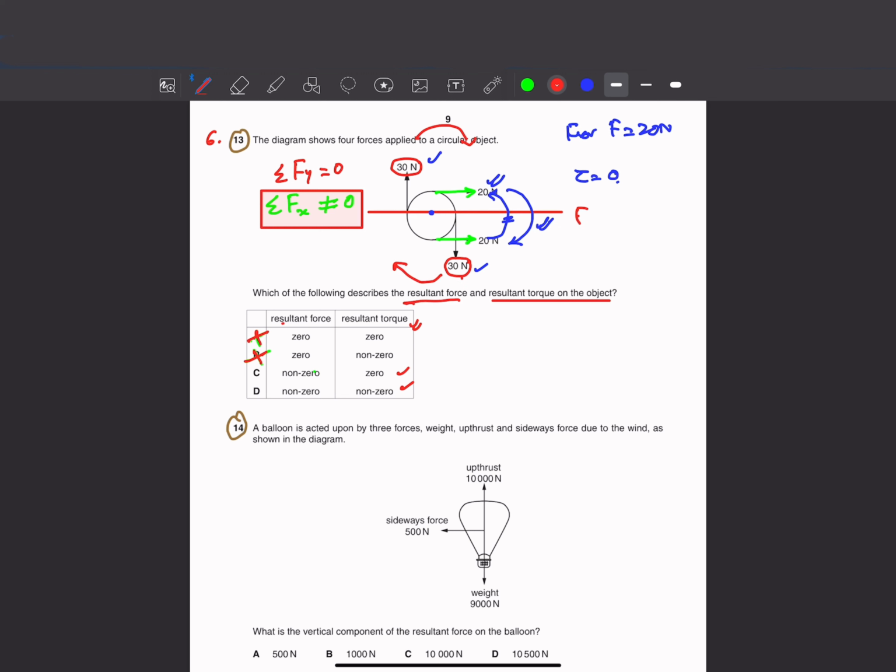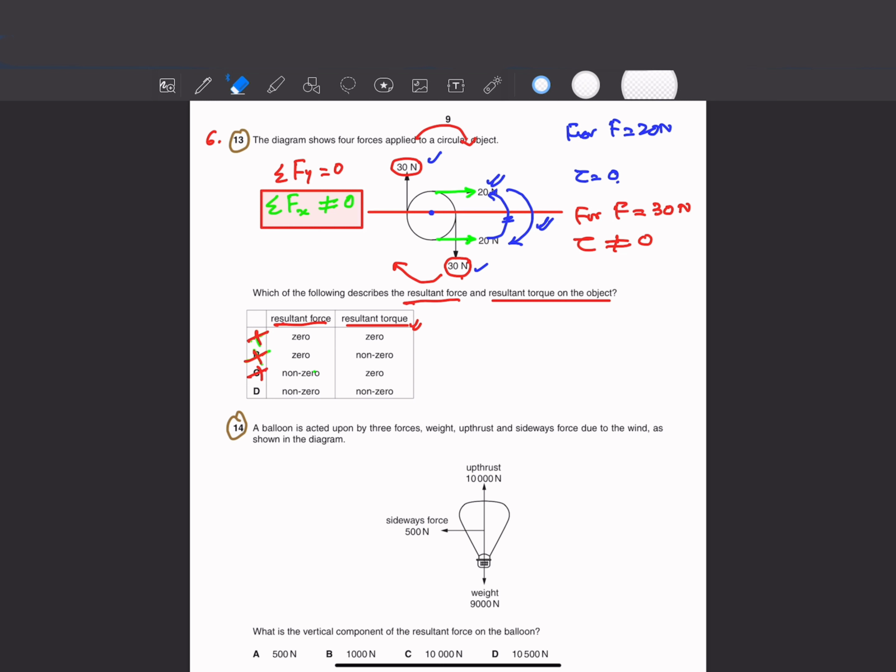So for the forces of 30 Newton, tau is not equal to 0. So the resultant torque is not equal to 0 either. Neither of these two is 0, and because of this you can reject option C.